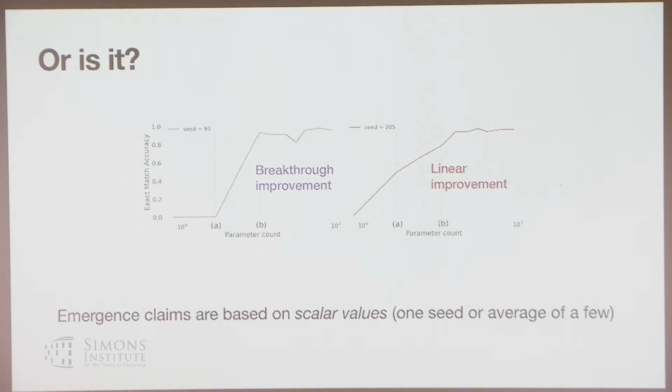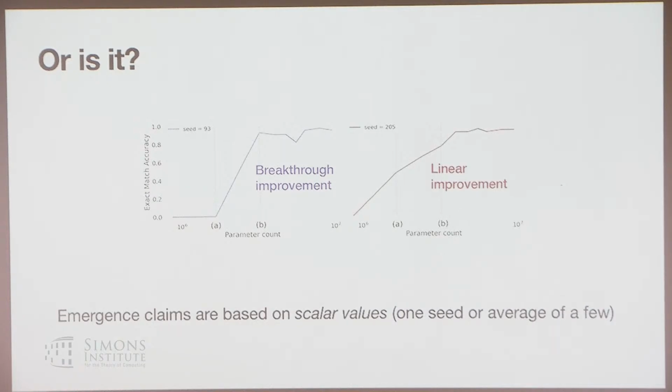But not necessarily. It turns out if you look at other seeds, they look very, very linear in their scaling laws. What's the positional encoding scheme for these models? RoPE. Okay. These are generally claims when people say this is emergent.